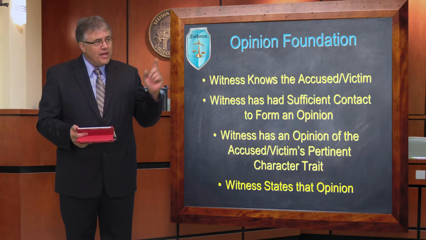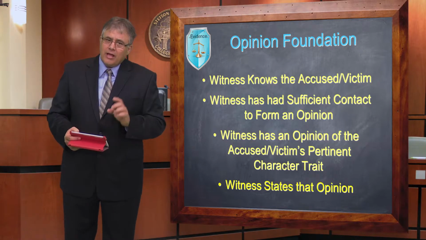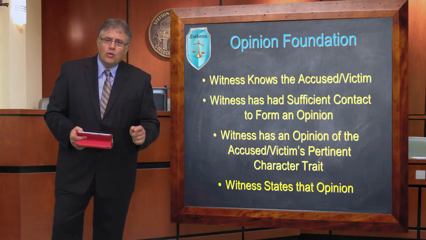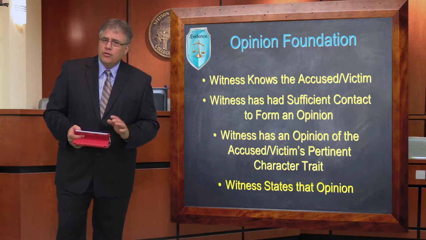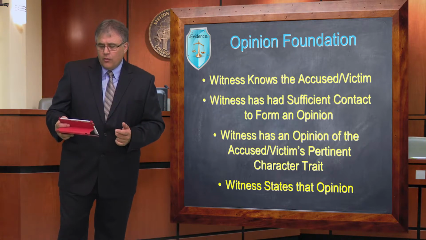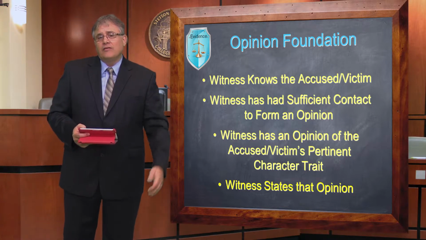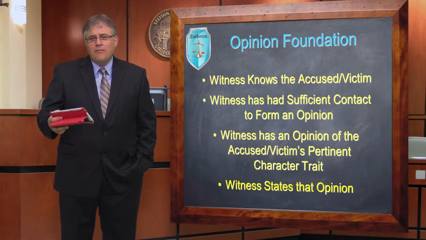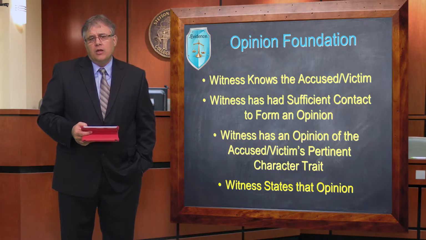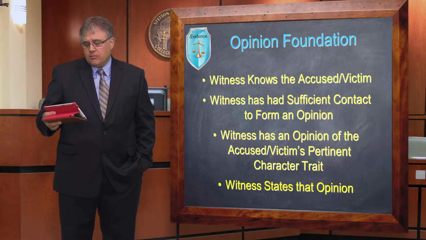Now, opinion testimony, on the other hand, is different. When I'm dealing with opinion testimony, I first have to show personal knowledge. I have to establish that the witness knows either the victim or the accused, whichever one I'm trying to offer the character trait about. I have to show that they've had sufficient contact to form an opinion as to that relevant character trait. So I've got a much more up-close and personal foundational requirement with opinion testimony as opposed to reputation testimony.